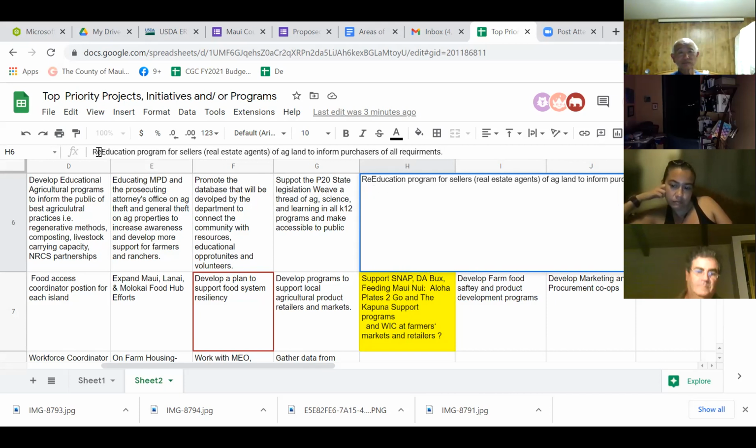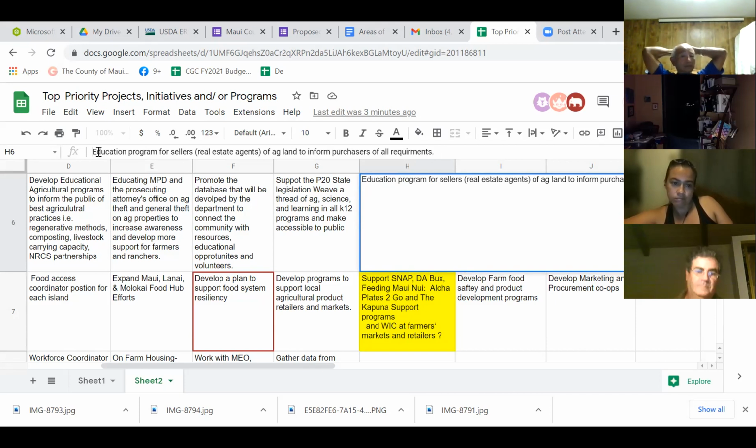No, I don't want to require an education. I want to require the realtors to be forthcoming and tell these purchasers of ag land what they need to do on ag land. They can't just come sit here and just have a big yard. It's ag.